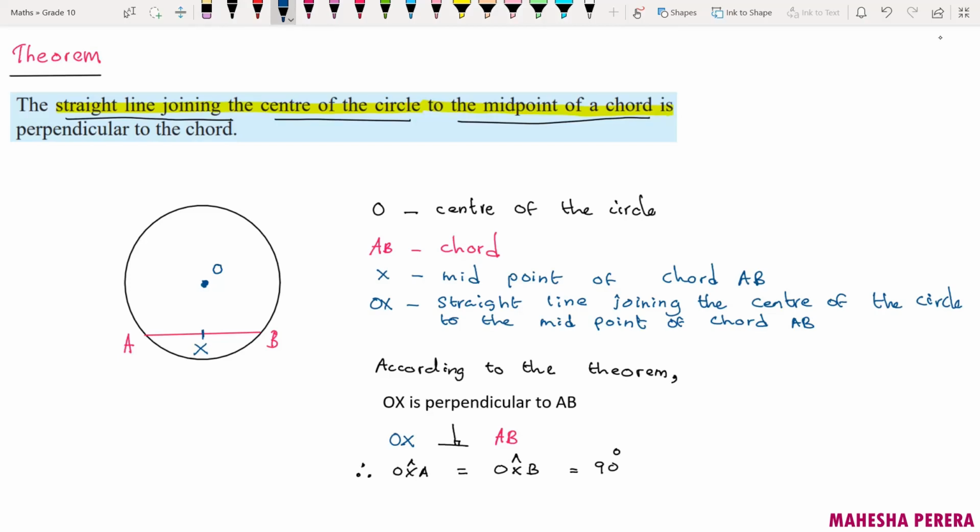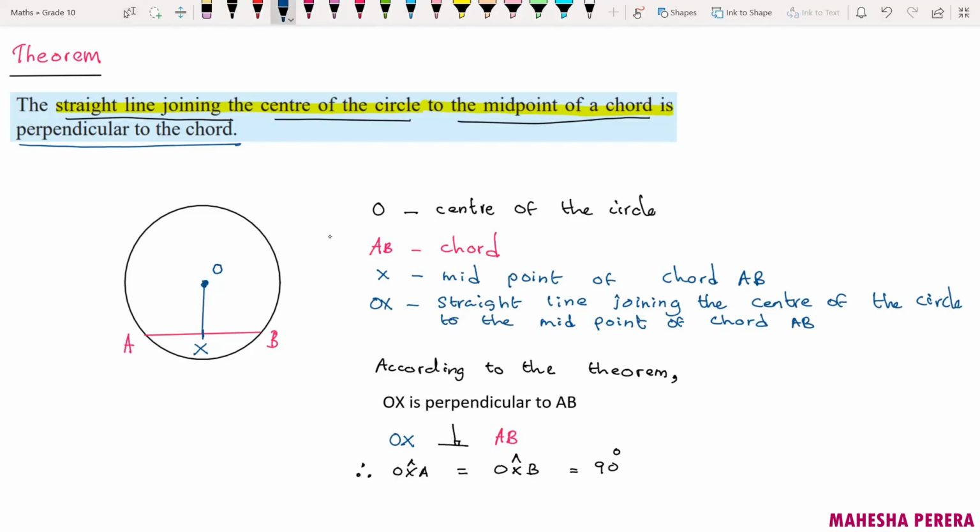Again, the straight line joining the center of a circle to the midpoint of a chord is perpendicular to the chord. So this means we need to draw a straight line by joining the center of the circle and the midpoint of chord AB. So let's draw it. So what happens?